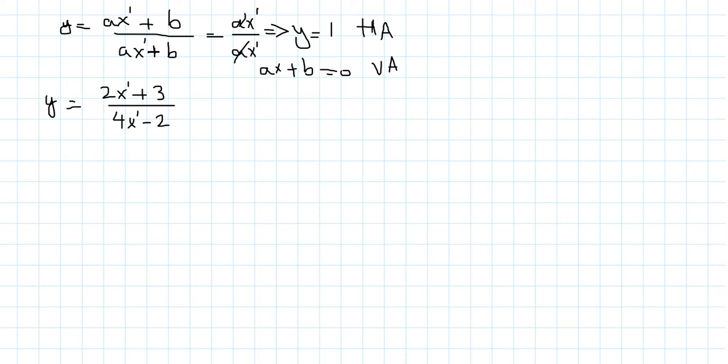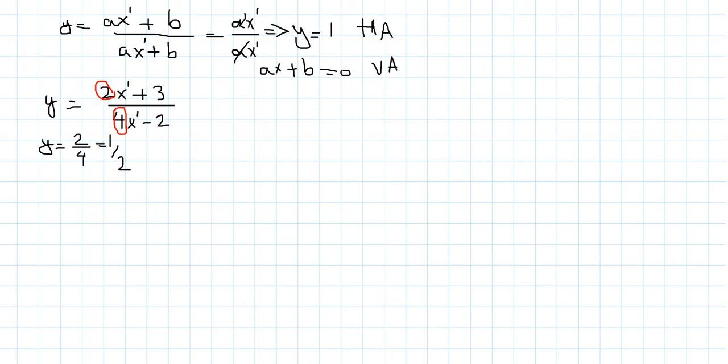Y equals the coefficient of x in the numerator over the coefficient of x in the denominator. So y equals 2 over 4, this over this. It equals 1 over 2.